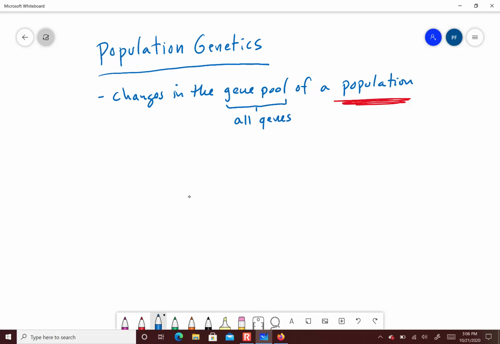Technically that's not absolutely correct, because things like radiation could change some DNA in some of your cells. But generically speaking, within our lifetime, our DNA is not changing. So it's the DNA in the whole population, and we're looking at changes in the gene pool of a population over time.